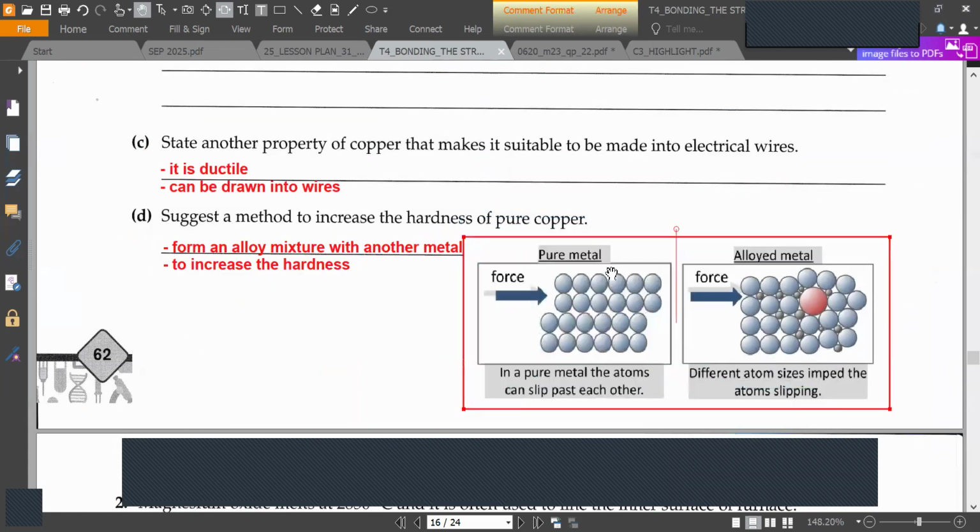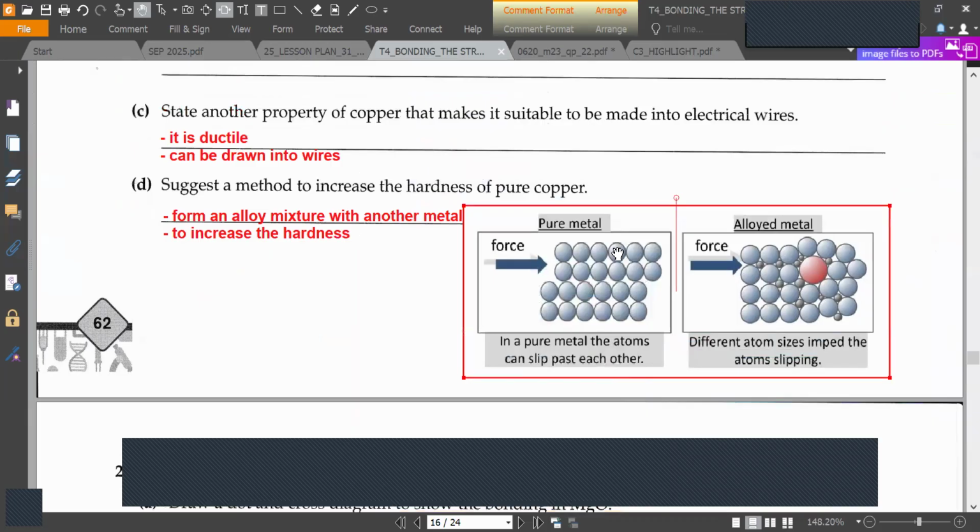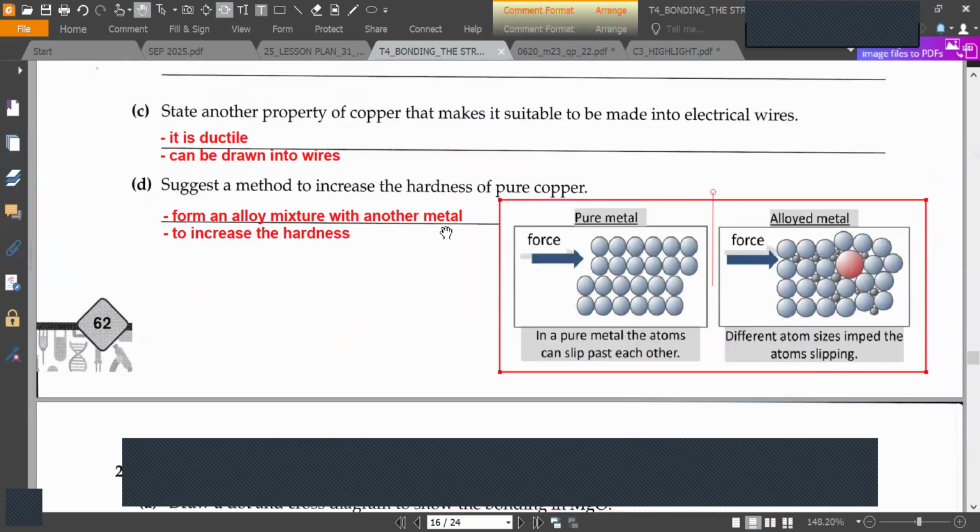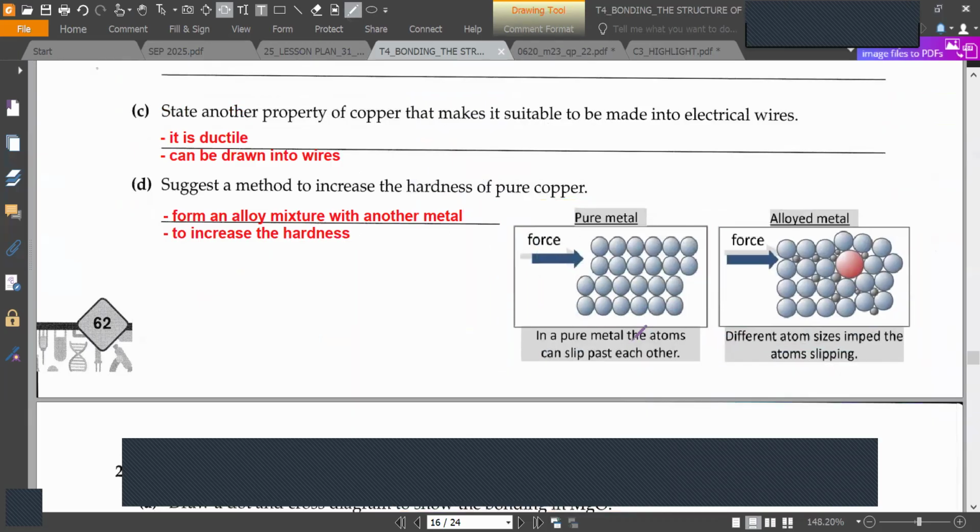If we look at pure metal, the atoms can slip past each other. If we apply a force, the layers can slide past each other, no problem. But alloy means we have atoms of different sizes. Let's say this is 100% iron.